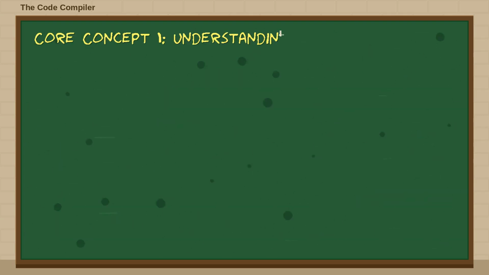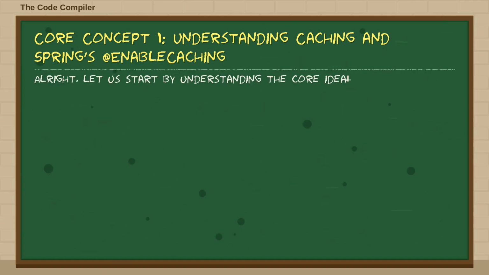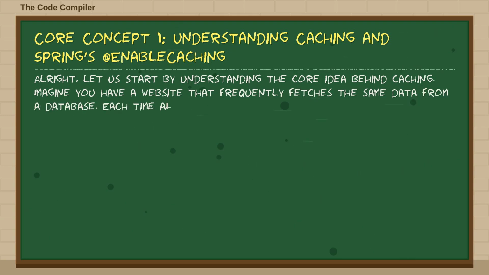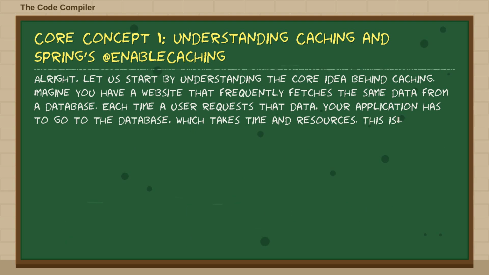Alright, let us start by understanding the core idea behind caching. Imagine you have a website that frequently fetches the same data from a database. Each time a user requests that data, your application has to go to the database, which takes time and resources. This is where caching comes in.